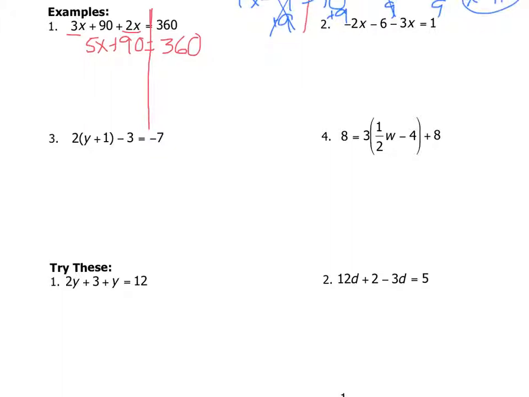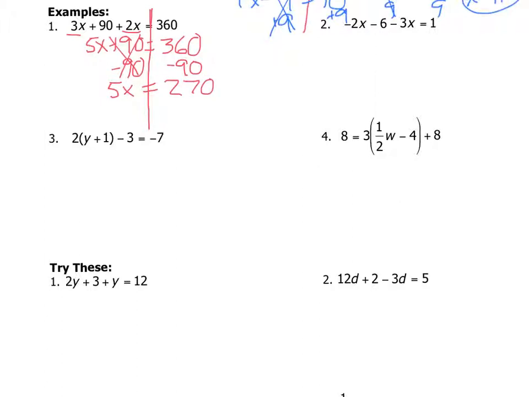Okay, opposite side, opposite operation. So since I'm taking 90 to the other side of the equal sign, I need an opposite operation. It is currently plus 90, so I need to do what? Subtract it, minus 90. Okay, so I have 5x equals 360 minus 90 is 270. I was adding before, so I was all messed up.